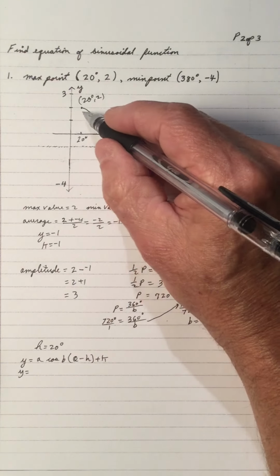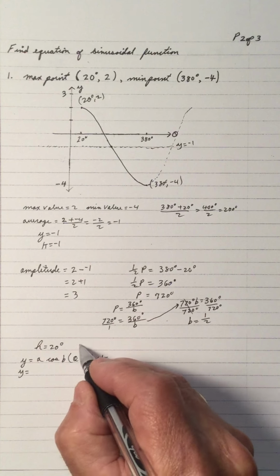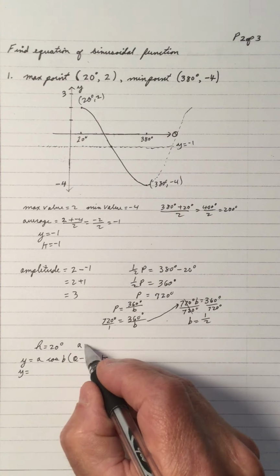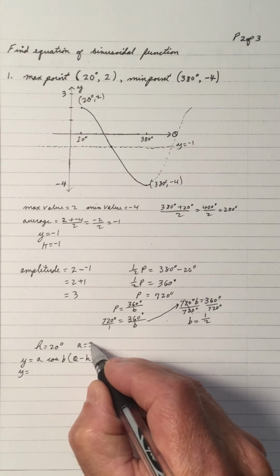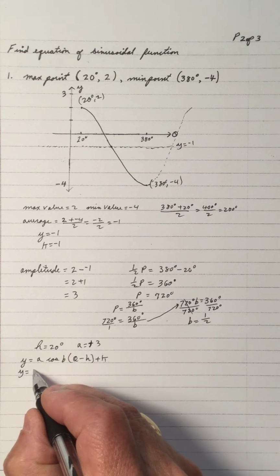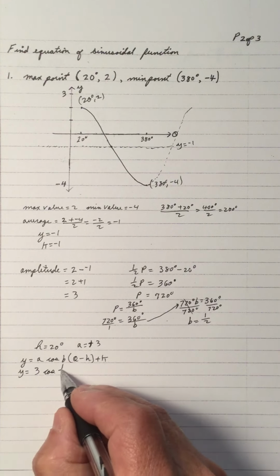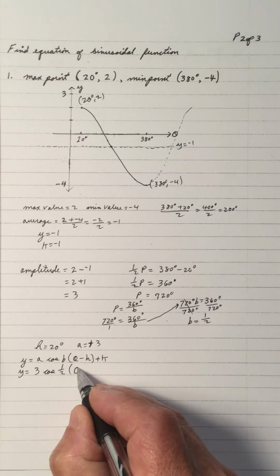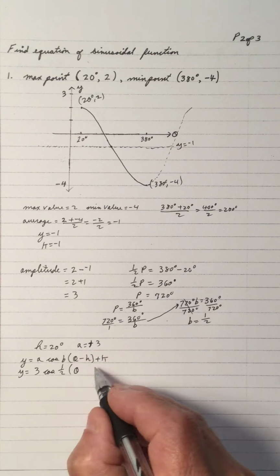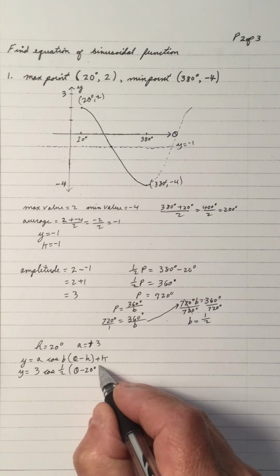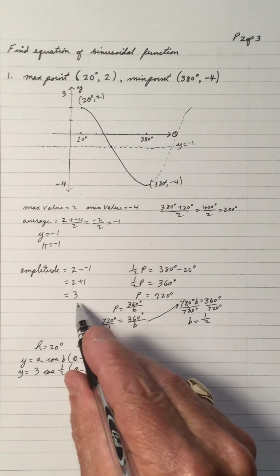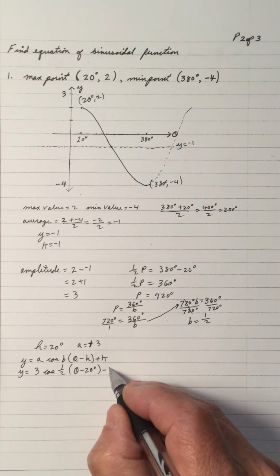Going from 20 is going down, so a is a plus 3, we have to be careful. So a is 3, b is a half, h is 20, so that's theta minus 20 degrees, and k is negative 1.